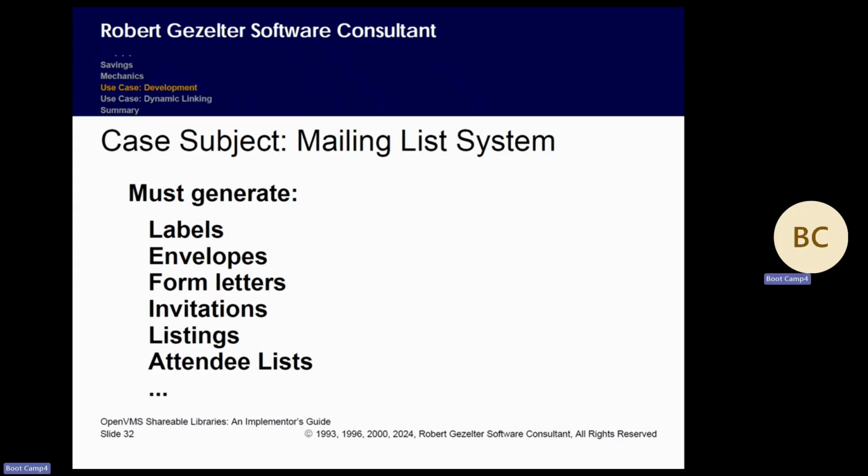For example, this system is a mailing list system for a nonprofit. It had to generate from a common database labels, envelopes, form letters, invitations, listings, and attendee lists, and various other things. The client kept coming up with new things as fast as I could swat the flies.